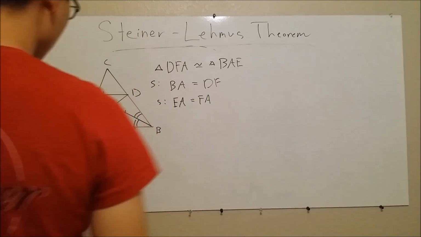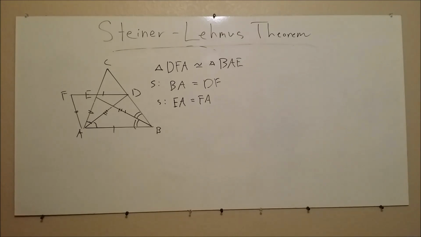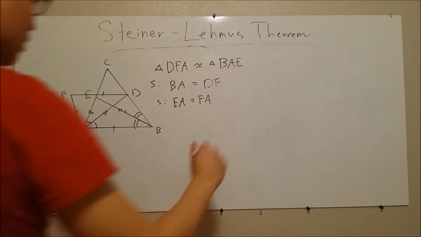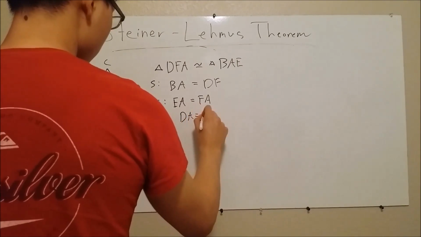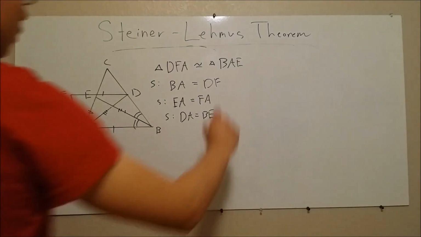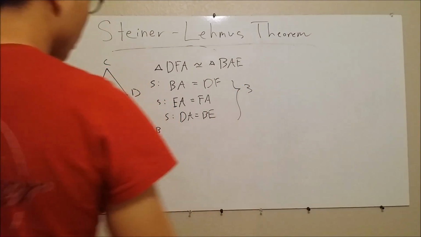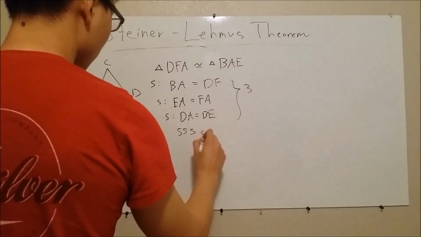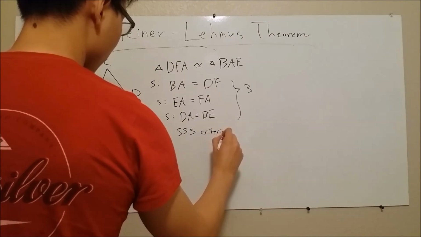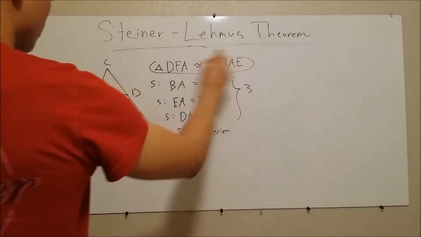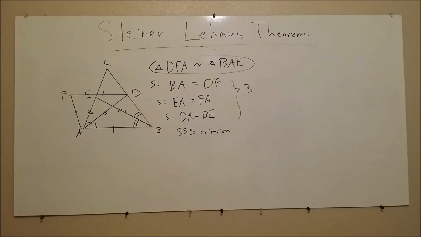Right? It's another side. Okay? And our initial assumption, we have DA is equal to BE. Okay? So here, we have three sides. And by the SSS criterion, we can say triangle DFA is congruent to triangle BAE.